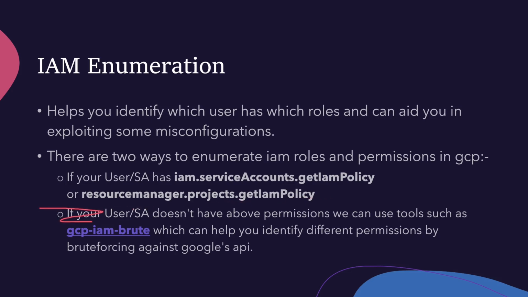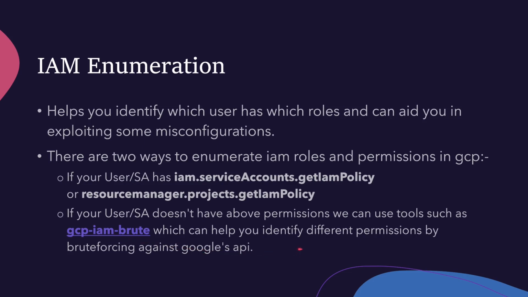So we will use the second method most of the time, which is using a tool called GCP IAM Brute. How this tool works is another video on its own, but Google came up with a specific endpoint called testIamPermissions to check whether your user has a specific permission or not.